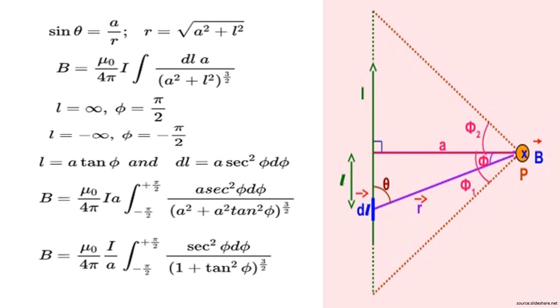Now substituting these values of l and dl in the equation, B equals mu naught upon 4 pi I a integration from minus pi by 2 to plus pi by 2 of a sec square phi d phi upon (a square plus a square tan square phi) power 3 by 2. So B equals mu naught upon 4 pi I upon a integration from minus pi by 2 to plus pi by 2 of sec square phi d phi upon (1 plus tan square phi) power 3 by 2.